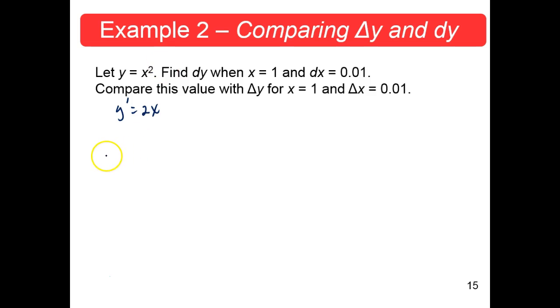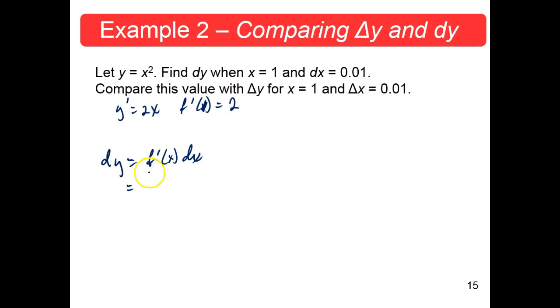Okay? Now, find dy. What did we just say dy was? dy is equal to f prime of x dx. Now, they tell you when x is equal to 1. So when x is equal to 1, f prime of x, which is the same as y prime, is equal to 2.